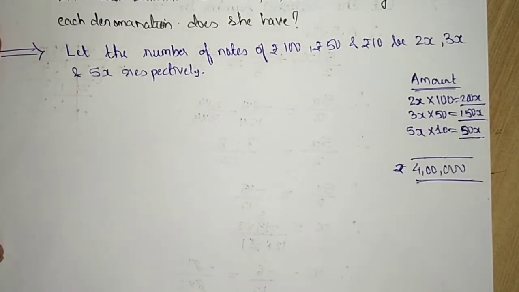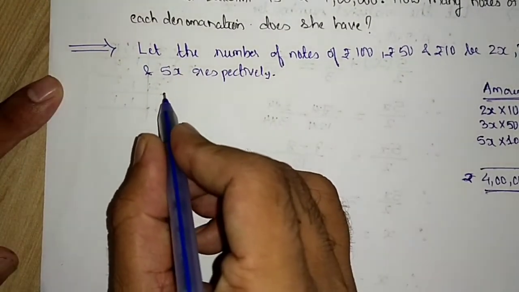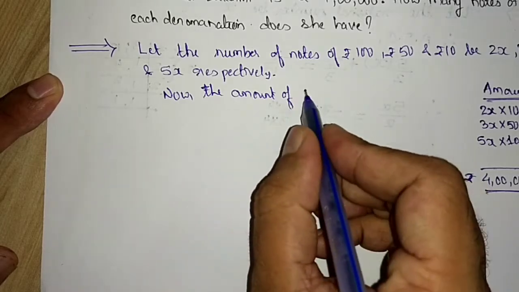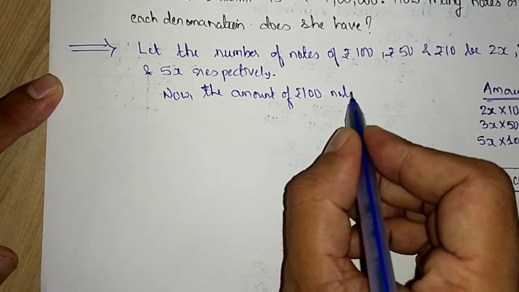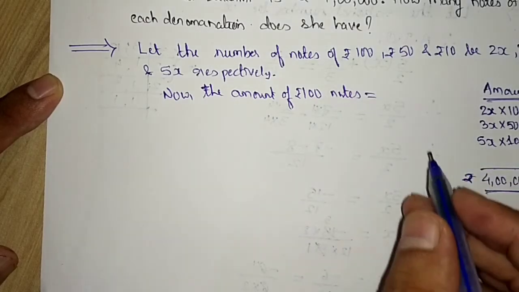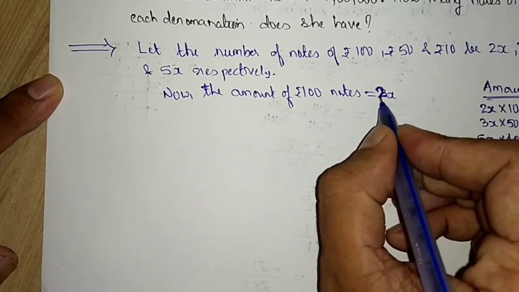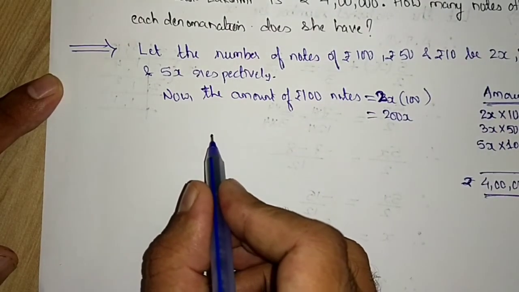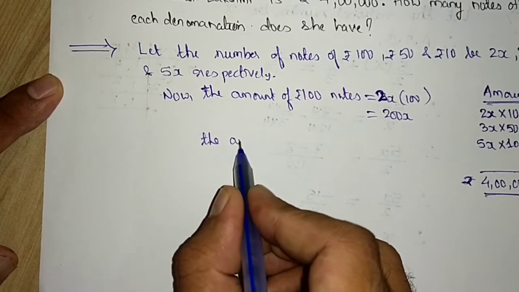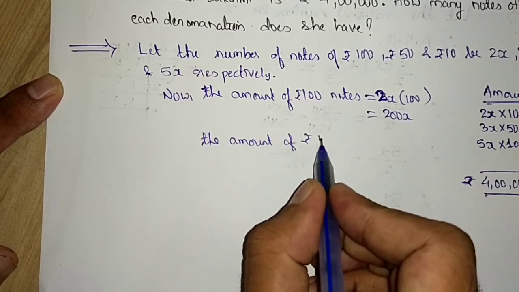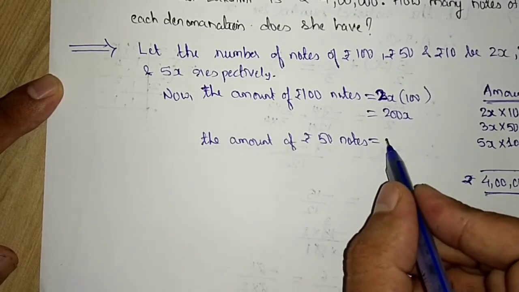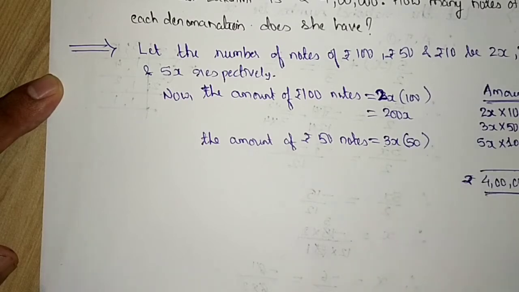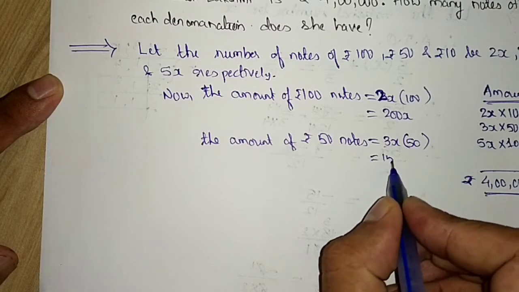So this is what we are going to do over here. Now, the amount of rupees 100 notes is equal to 2x into 100, which is 200x. In the same way, the amount of rupees 50 notes: she has 3x notes, and the value of each is 50, so 50 into 3x will give me 150x.